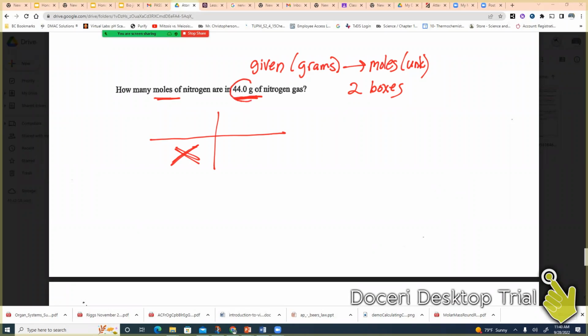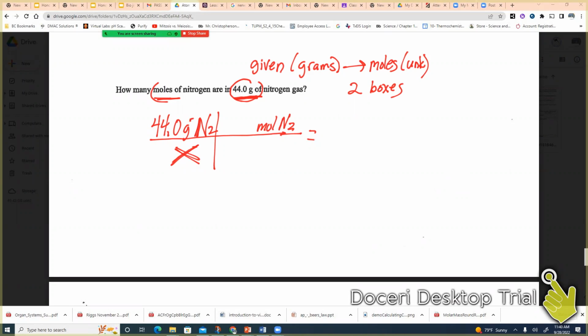So I start with my given, which is 44 grams. And I have to remember that nitrogen is a diatomic. So when we talk about that nitrogen all by itself, it's not just 1 nitrogen atom, it has to be 2. And I want to get to moles of nitrogen. So I follow my units.